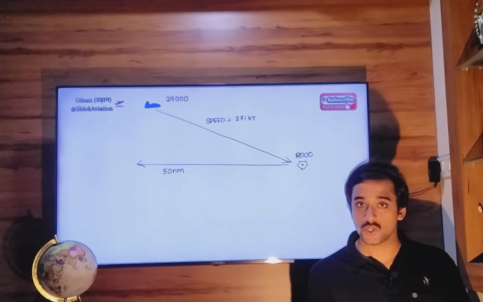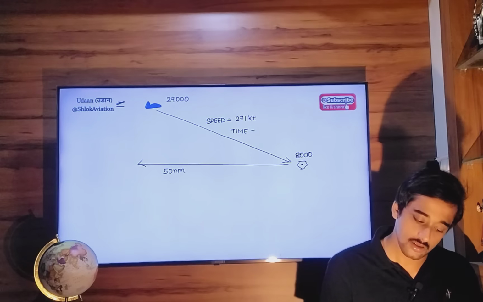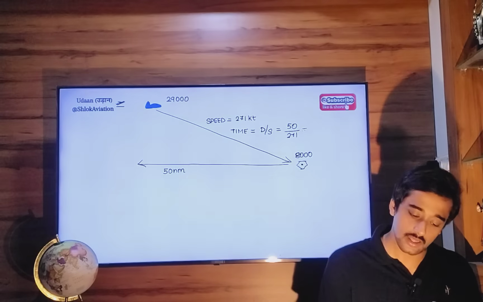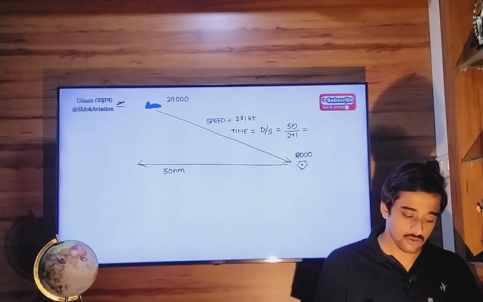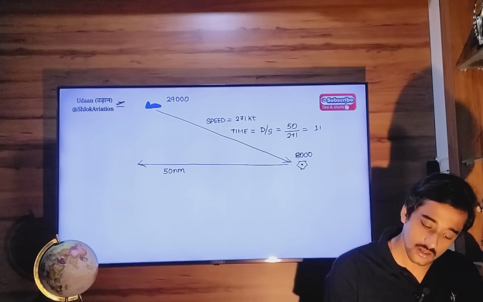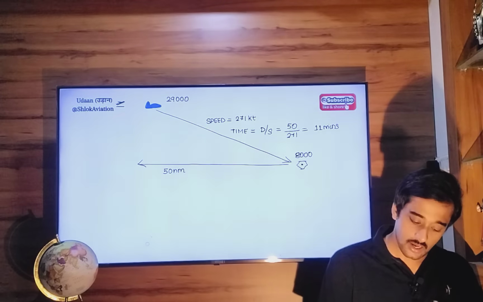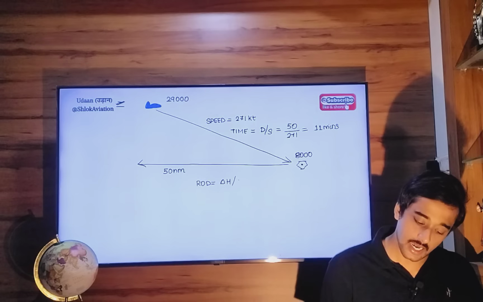Knowing speed and distance, we can calculate the time required for descent. Time equals distance by speed. So 50 miles divided by 271 is equal to 11 minutes. So rate of descent equals change in height divided by time.